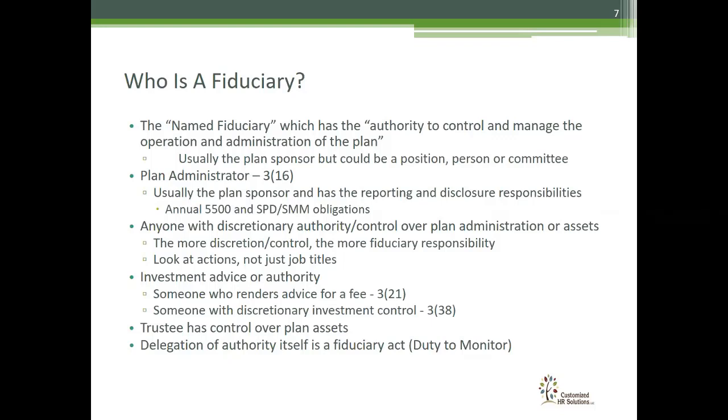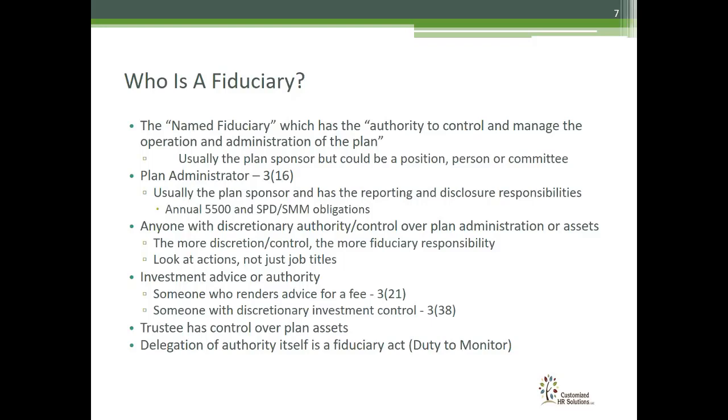And then it's important to know, and we'll touch on this a couple times, but the delegation of fiduciary responsibility is a fiduciary act. So anybody that has fiduciary authority, discretion and control, and then delegates some or all of that authority to another person, that's fine, and in fact often is recommended, because it may mean, you know, delegating to a more qualified person.